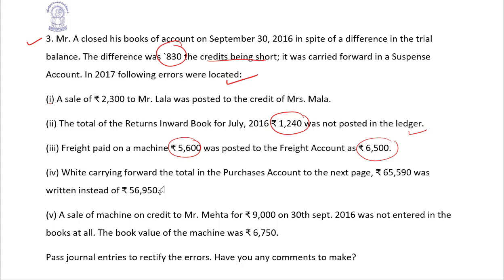A sale of machine on credit to Mr. Mehta for 9,000 on 30th September 2016 was not entered in the books at all. The book value of the machine was 6,750. Error of omission. Pass journal entry to rectify the errors. Okay.